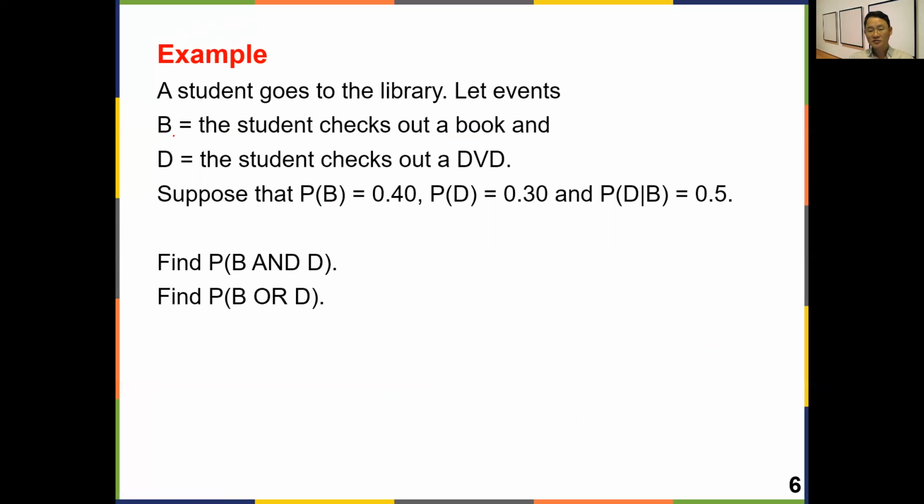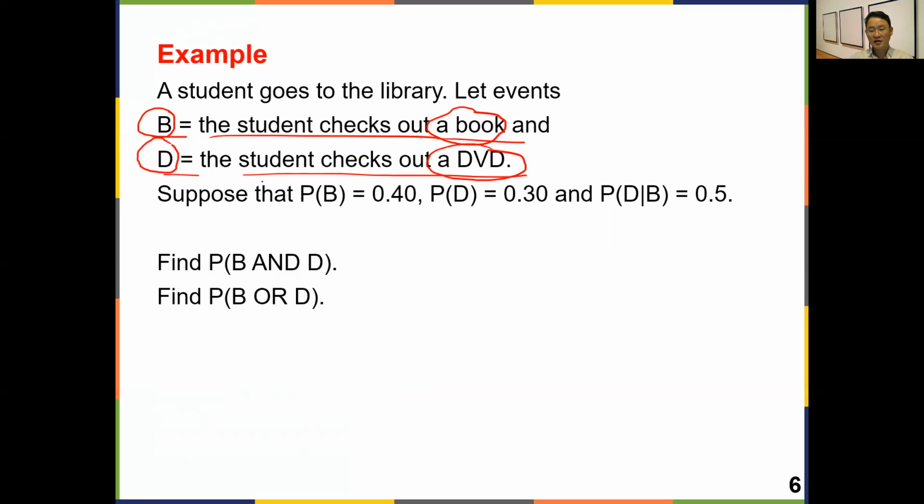Let's consider this example. A student goes to the library, and let this event B be a student checks out one book, and let event D, for DVD, be the student checking out one DVD.